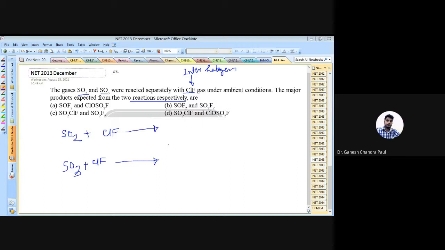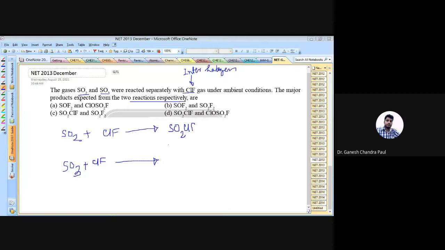So when sulfur dioxide reacts with chlorine monofluoride, it produces sulfuryl chloride fluoride. What is the structure?